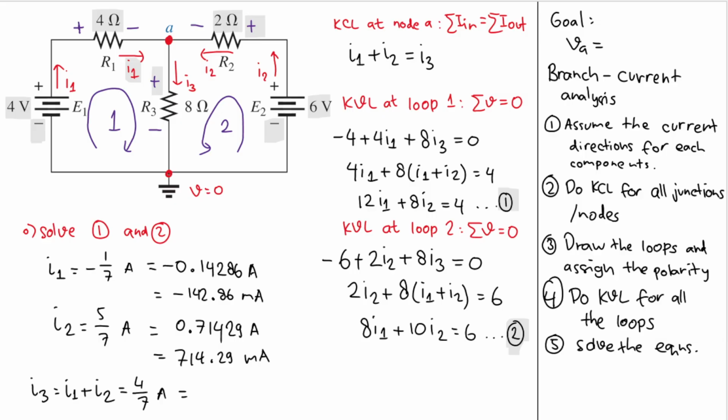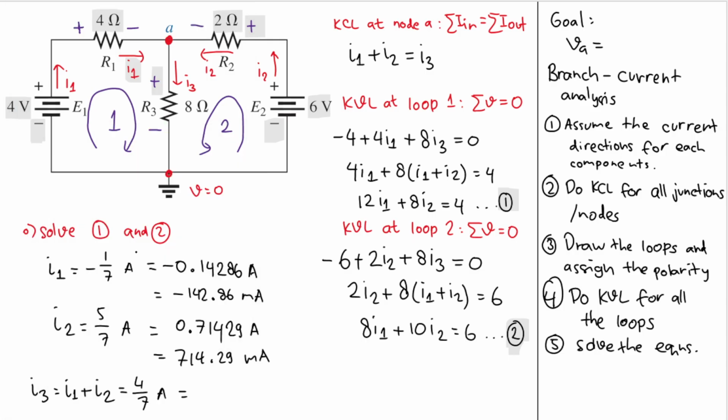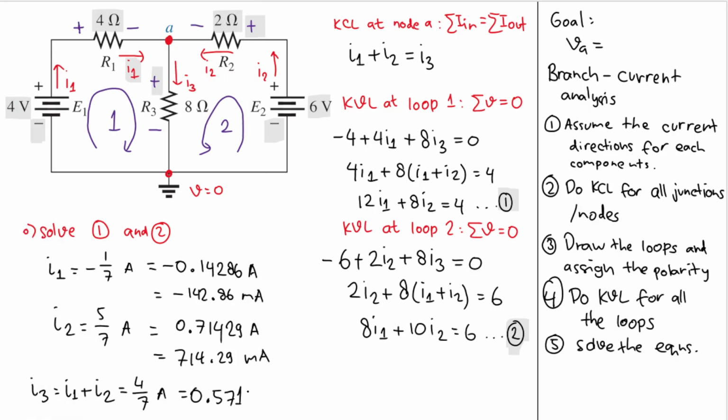Or we can write that in decimal. What is 4 divided by 7? 4 divided by 7 is 0.571 and then 29 ampere.